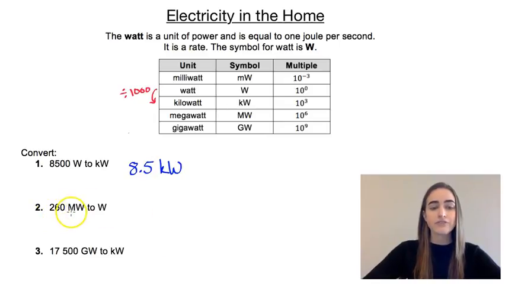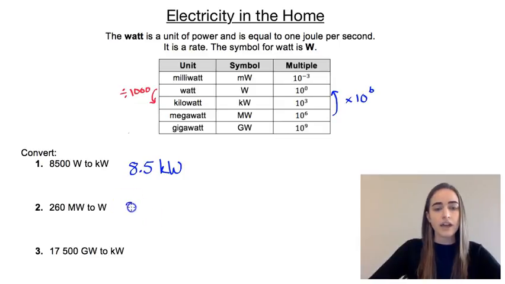For our next one, to get from megawatts to watts, we're going up 2 steps this time. So we're going from a big unit to a small unit, means our number's going to get bigger. And because we've gone 2 steps, we're going to times by 10 to the power of 6, or times by 1000 and then times by 1000 again. So we're going to have 260 times 10 to the power of 6.